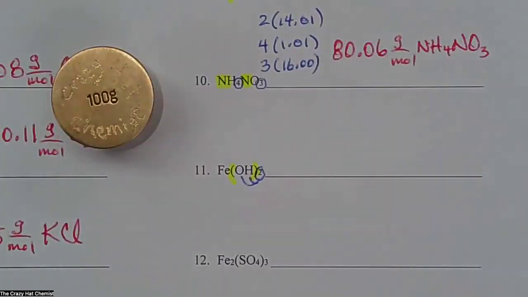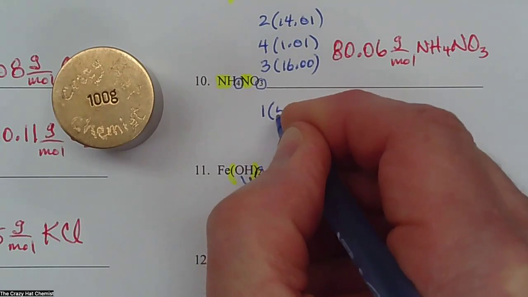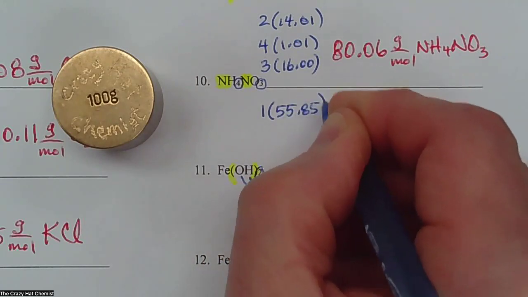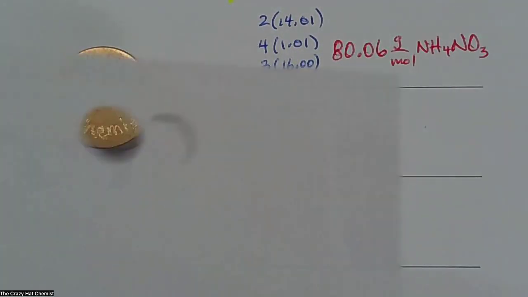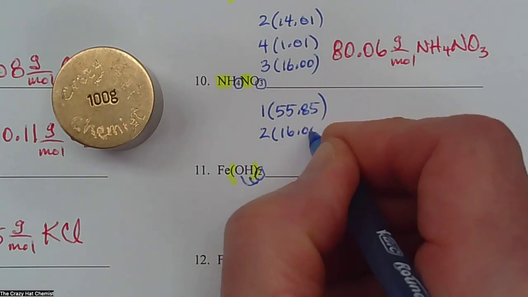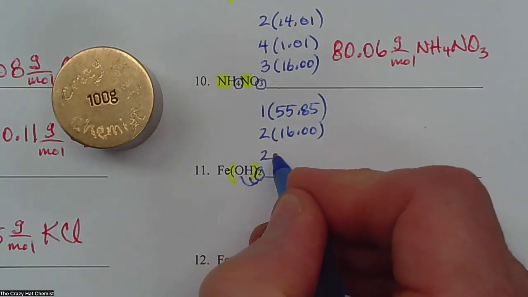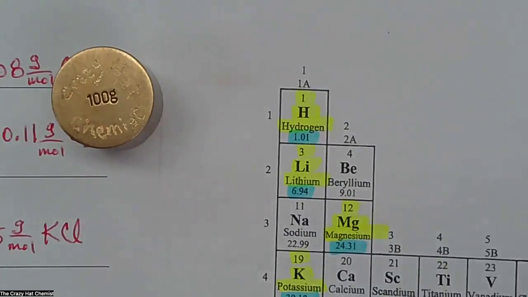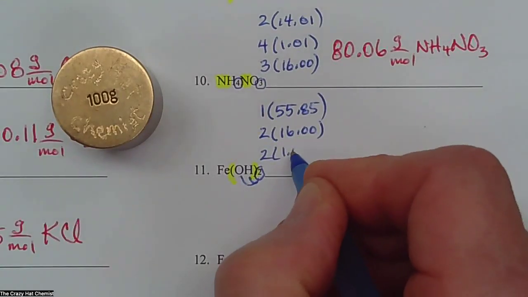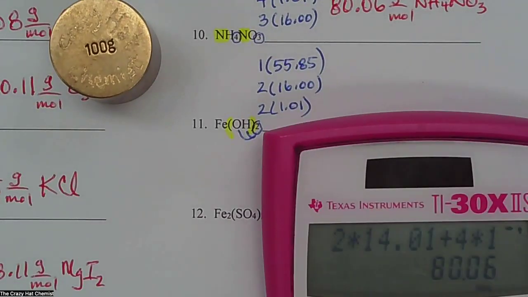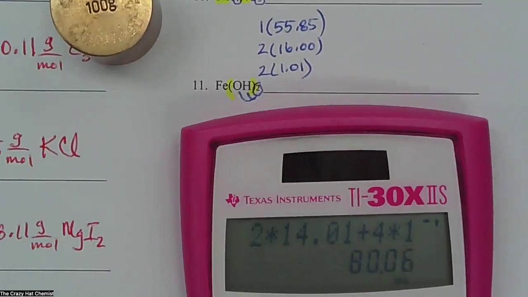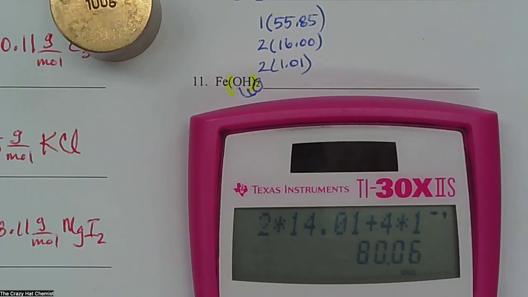55.85. There's 1 iron in this formula, so it's 1 times 55.85. And then there's 2 oxygens, and we have done that many times, that's 16.00 for oxygen. As well as hydrogen, there are 2 of those, and hydrogen's molar mass is 1.01. So let's key this into the calculator for ferrous hydroxide.